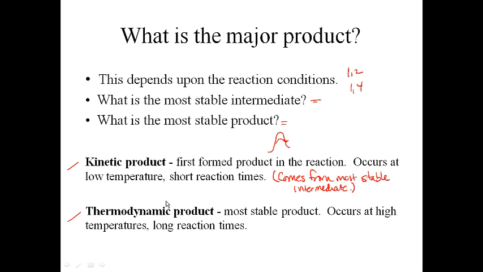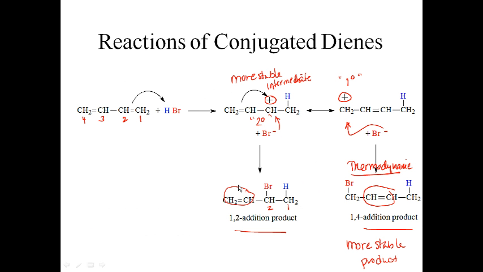I'm going to favor the thermodynamic product at high temperatures and long reaction times. So coming back here, which one of these two intermediates was the most stable? This one was, and so that means that the 1,2 addition product is the kinetic product because it comes from the most stable intermediate.